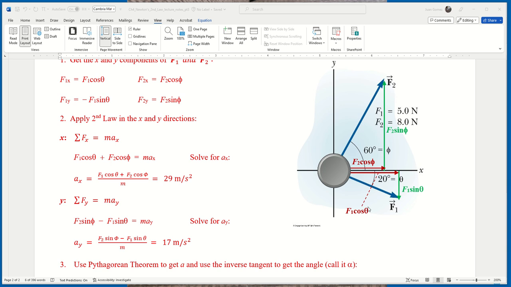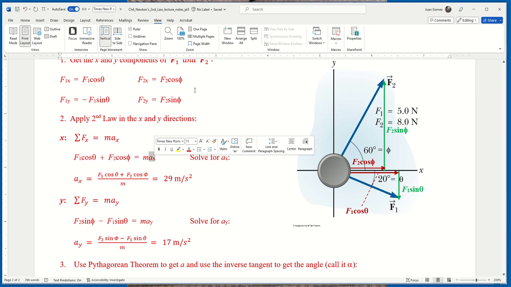Just look at your diagram. So the sum of the forces in the x direction, of which there are two, there's f1 cosine theta and f2 cosine phi. Add them up. What does that sum equal? It equals the mass of the hockey puck times the x component of the acceleration.